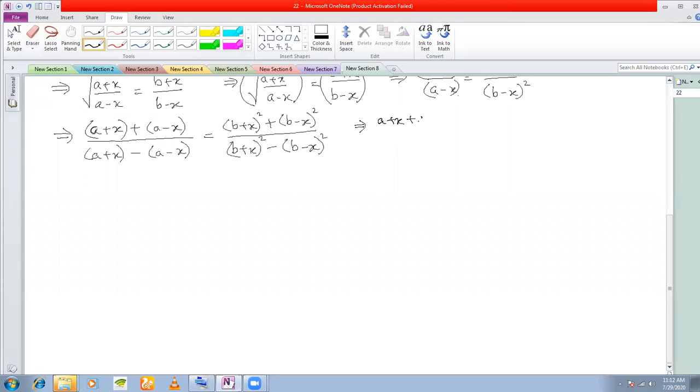Open the brackets on the left hand side: a plus x plus a minus x. And here I'll expand.